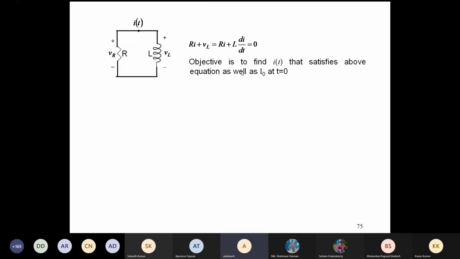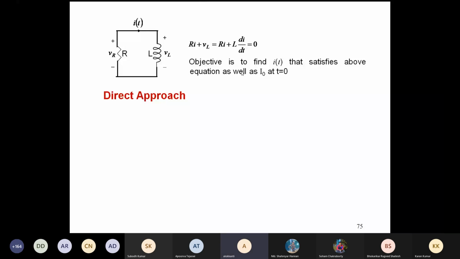And we are interested in finding i(t) for t greater than 0. There are many approaches. You people will be experts in solving differential equations from your 12th class. You must have solved first order and second order differential equations. But this is just a first order equation, very simple.